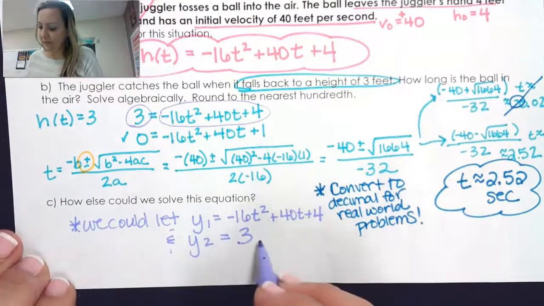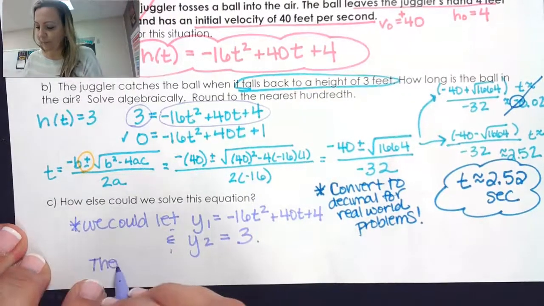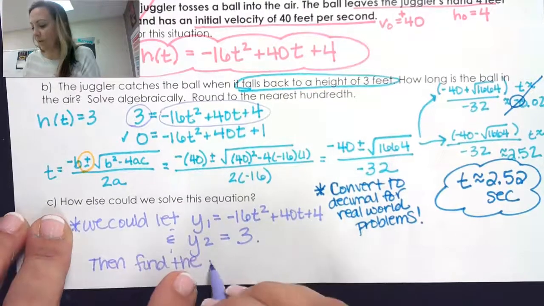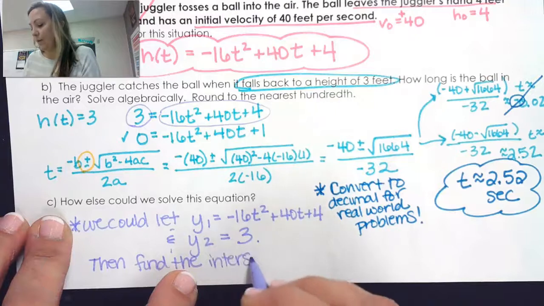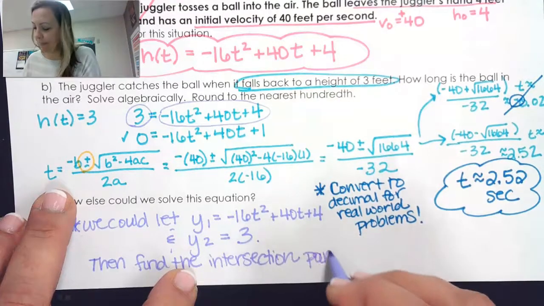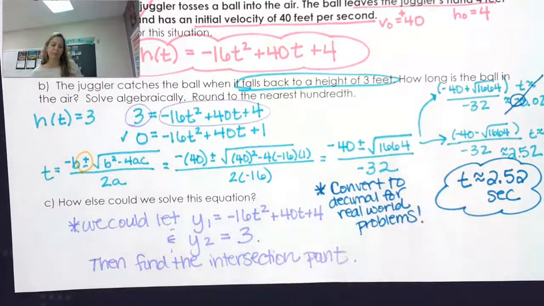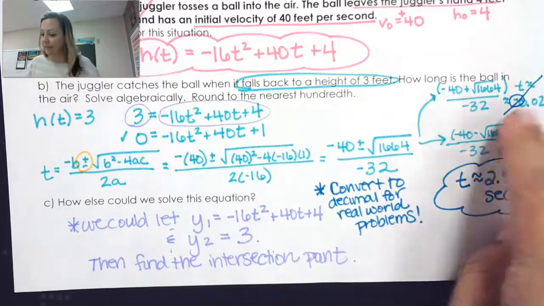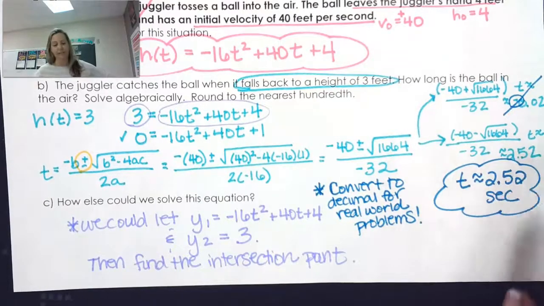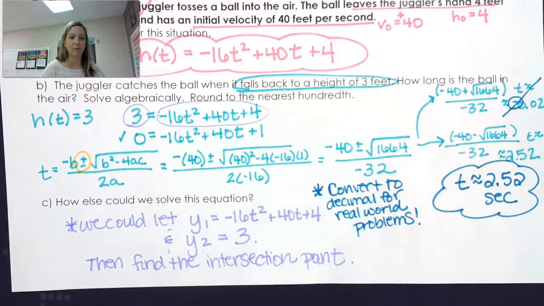And then we could find the intersection point. So we practiced that, I believe, in 1B4. And so using that in 1B4, you can look at how you could find the intersection point. And there'll be two, at negative 0.023 and at 2.523. But obviously, we'd only use the positive answer, okay?